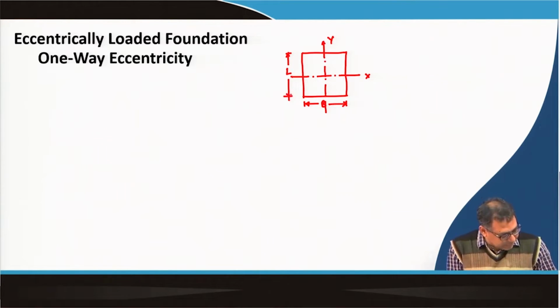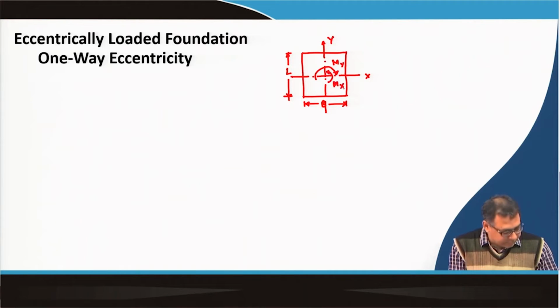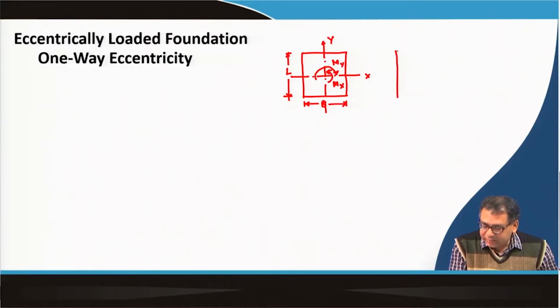As I mentioned, there may be a possibility that the moment is acting as M y, or in this way the moment is acting, which is M x. Because of that, the load will act at a distance away from the center.